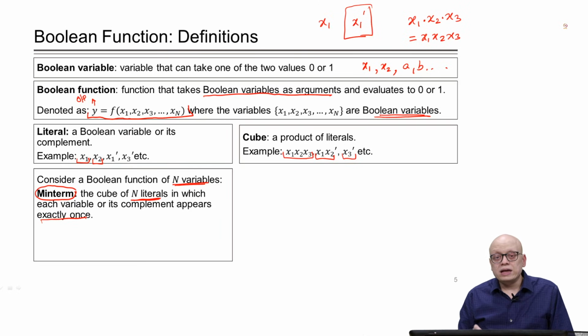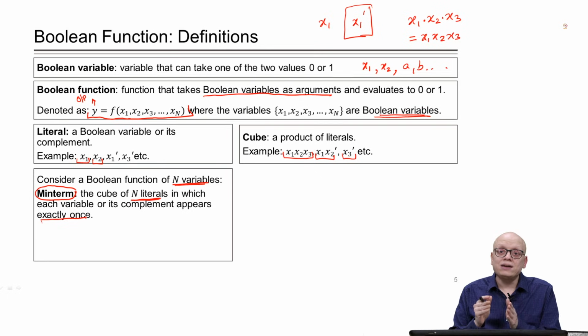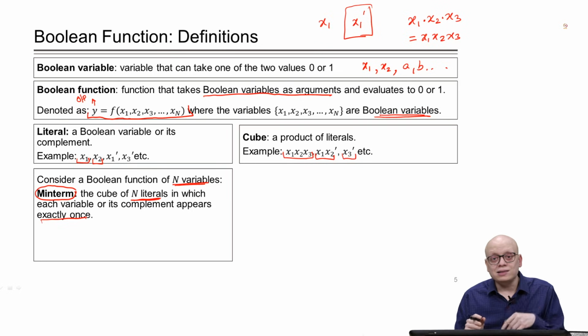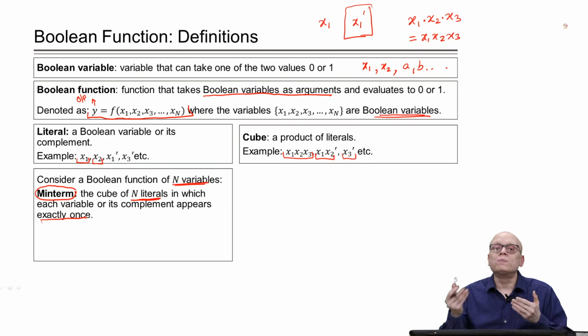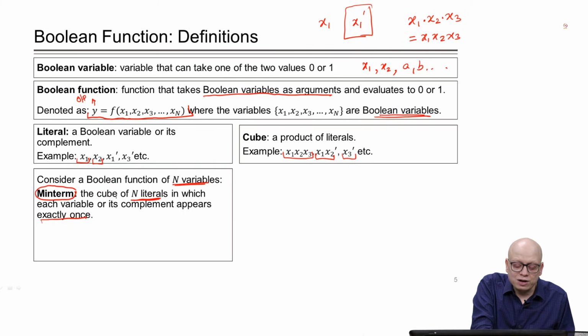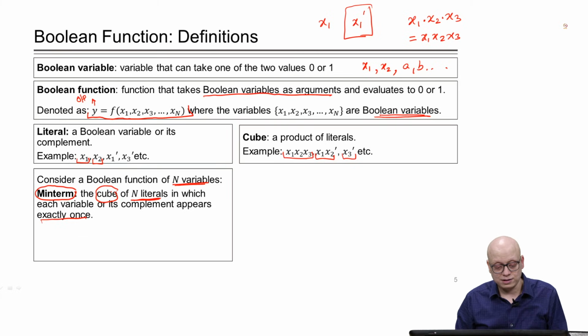So, if a function is of n variables, then all the n variables should appear either as a variable or in its complemented form, and in a minterm we have a cube, meaning that it is a product of the literals.